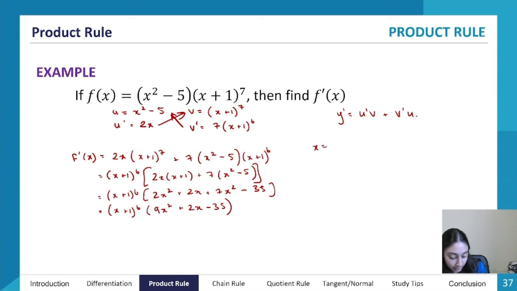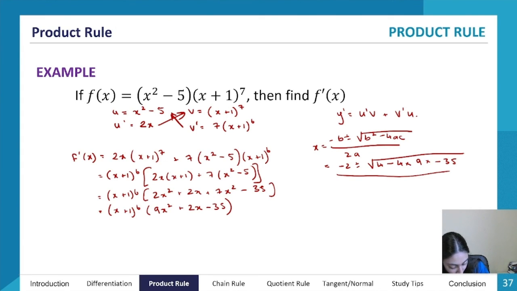So x is equal to minus b plus minus root b squared minus 4ac on 2a. Okay, that gets me to minus 2 plus minus root 4 minus 4 times 9 times negative 35 on 2 times 9. Let's take a look at what the discriminant is.